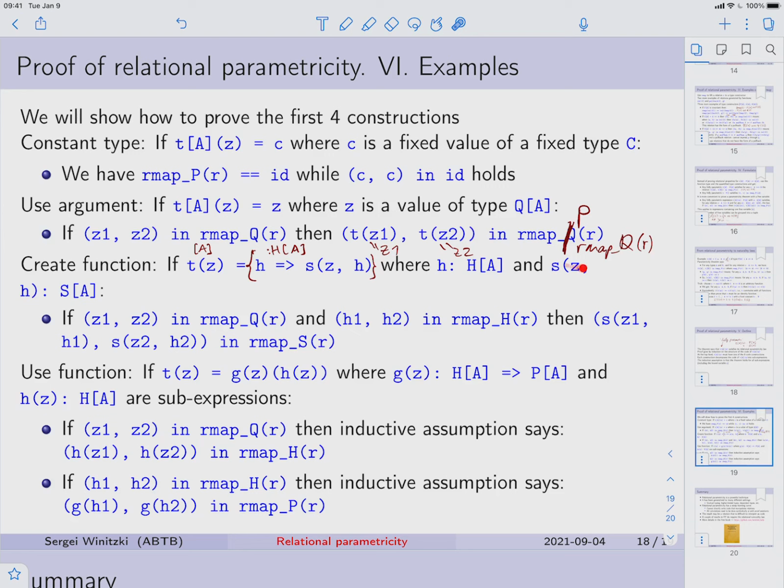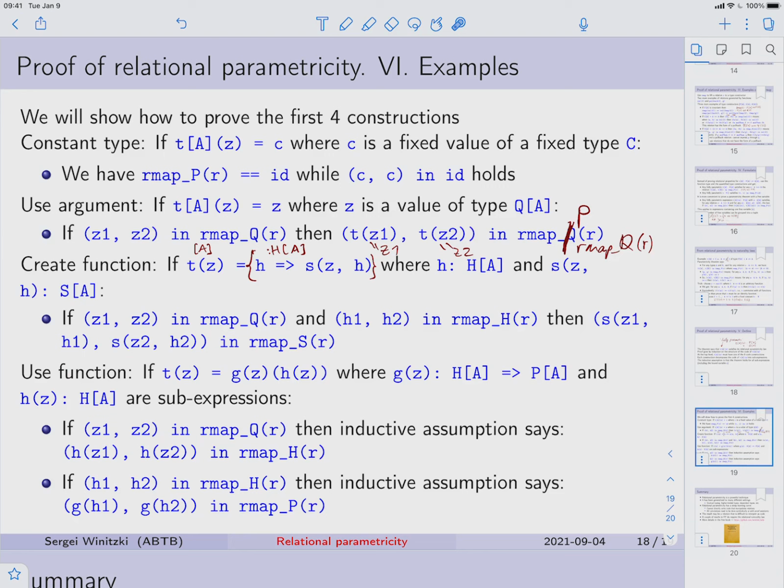The law for this sub-expression will be formulated first by putting Z and H into a single tuple as a free variable. And then that free variable needs to be in a relation, but we know how to define relations for tuples. It's just that first elements of the tuple are in the first relation and second elements of the tuple are in the second relation. And so we find that what we need to prove is precisely the inductive assumption for S, which holds by assumption.